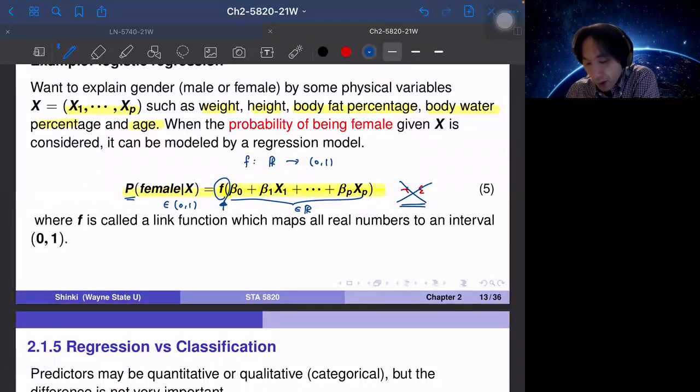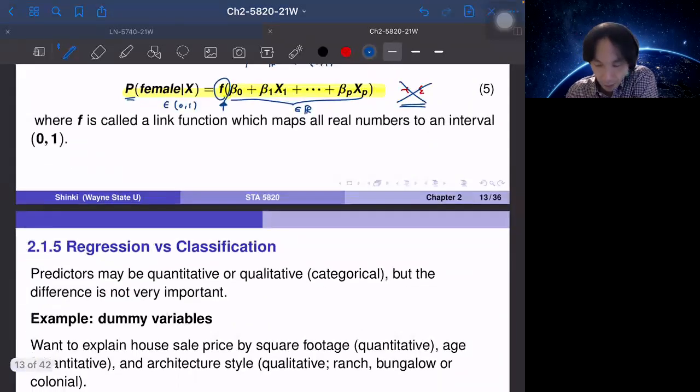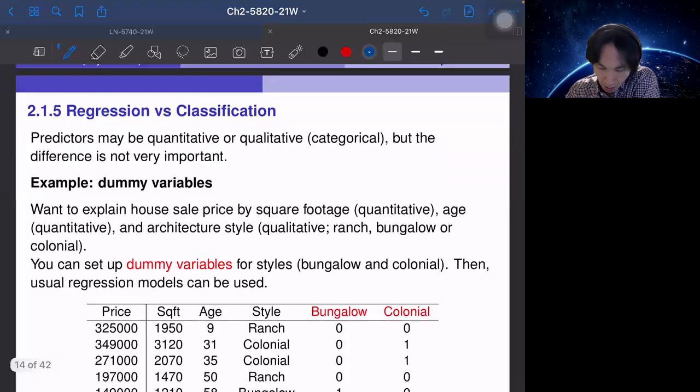But the estimation is more difficult. Linear regression, we can minimize the quadratic function of beta naught to beta p. Logistic regression, we need numerical procedure. No analytical solutions. Yeah.